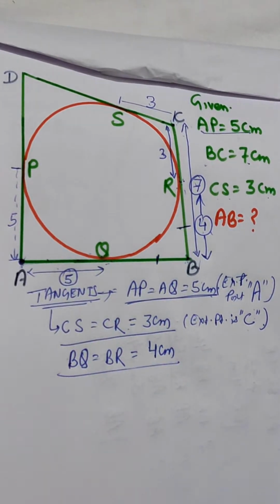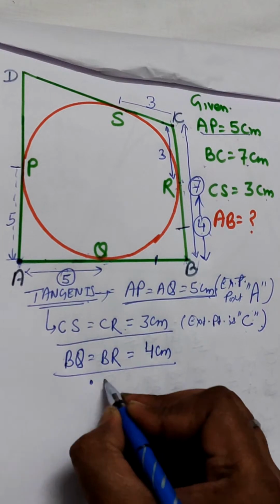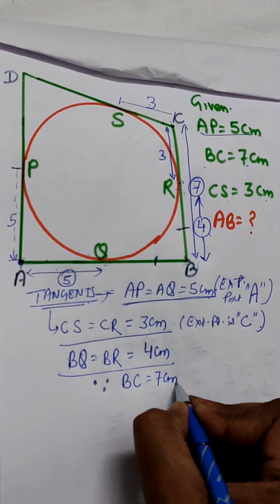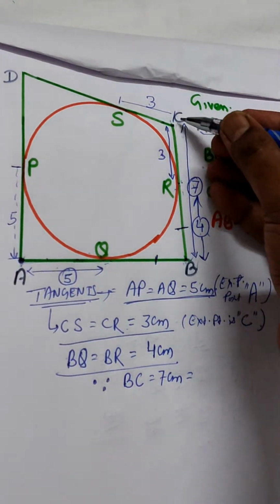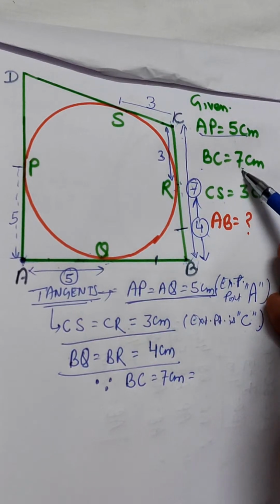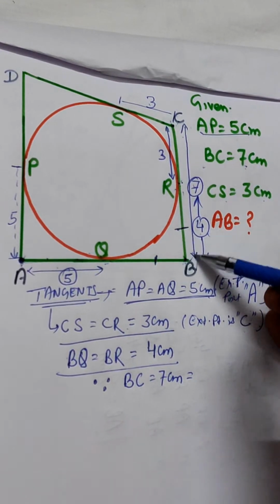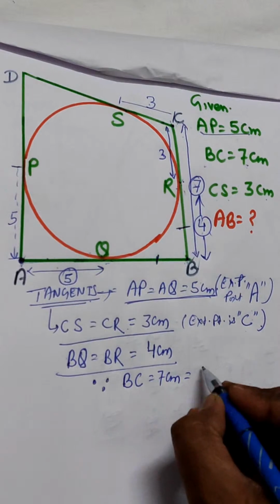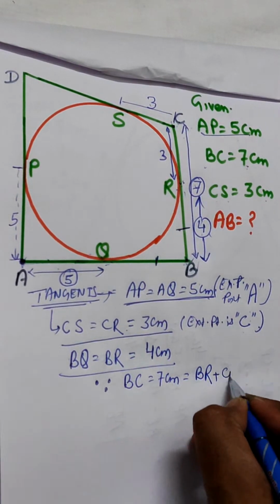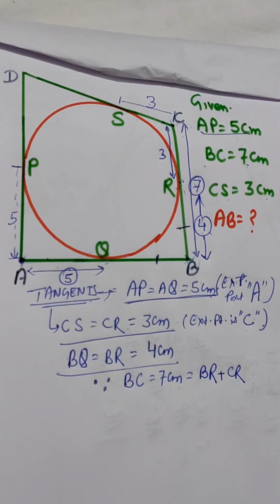How have we calculated it? Since BC is equal to 7 centimeter, as also given in the question, right? And since BC is 7 centimeter, we can write that BC is the sum of BR plus CR, right?